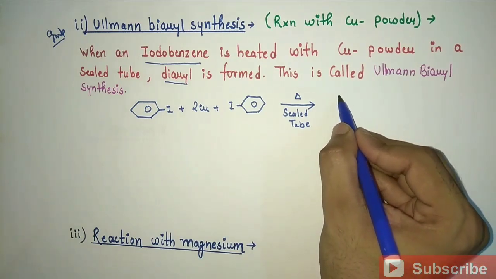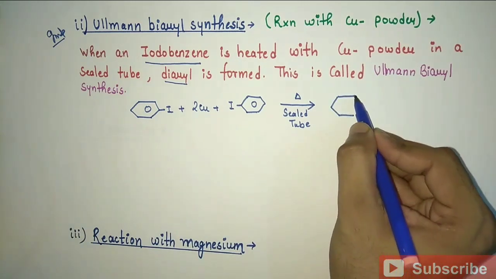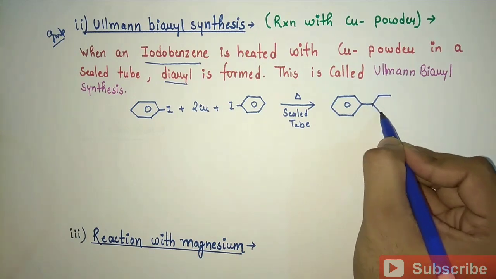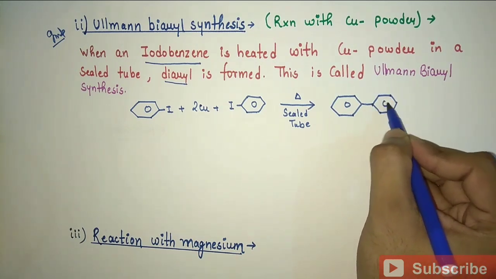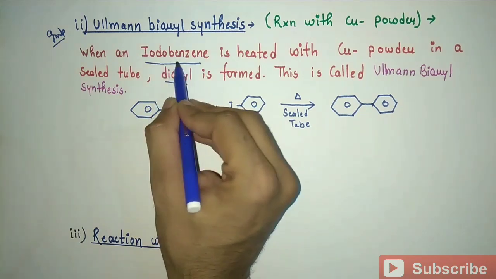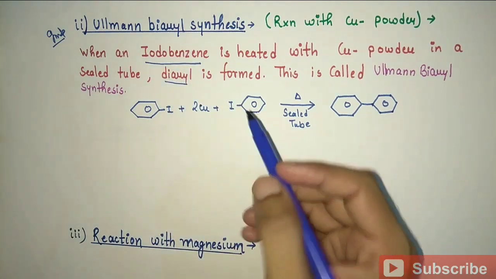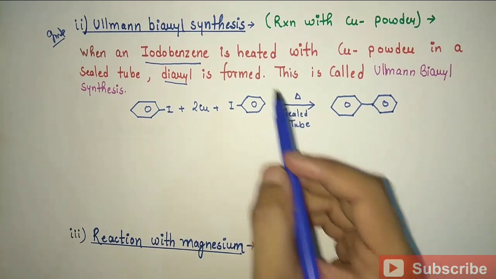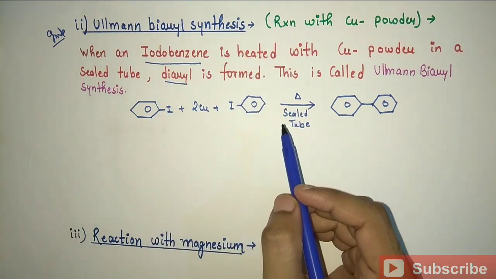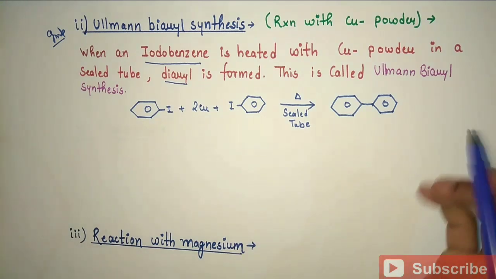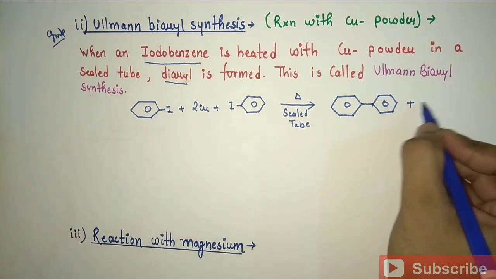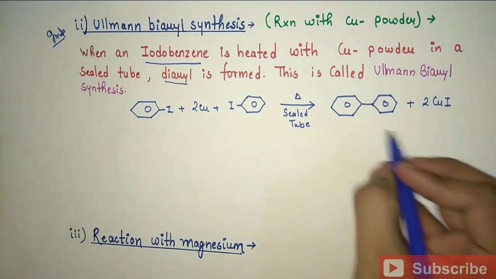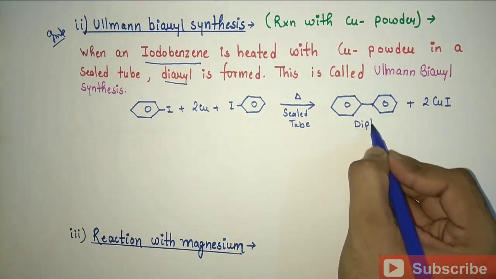In this case, diphenyl is the product. I have only written iodobenzene here. So what about chloro and bromobenzene? Chloro and bromobenzenes will not undergo this Ullmann synthesis easily. I will tell you why this is happening. 2 moles of CuI is the byproduct and this is known as diphenyl.